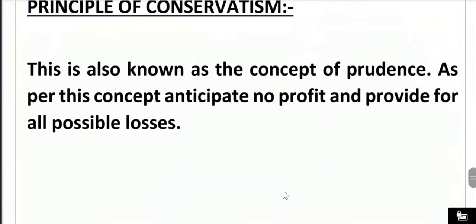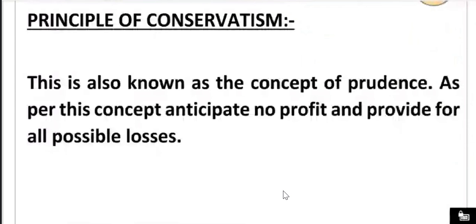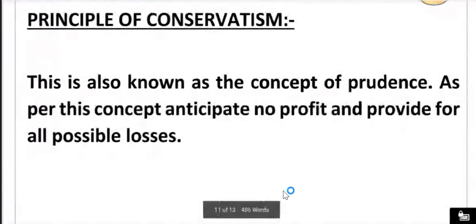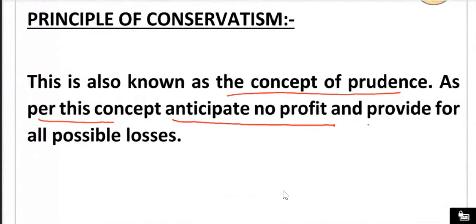What is the meaning of the principle of conservatism? It is very, very important. This is also known as the concept of prudence. As per this concept, we do not anticipate profit, but we provide for the possible losses.